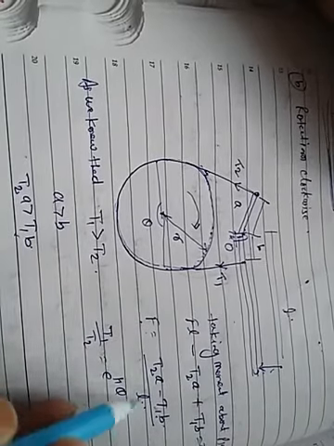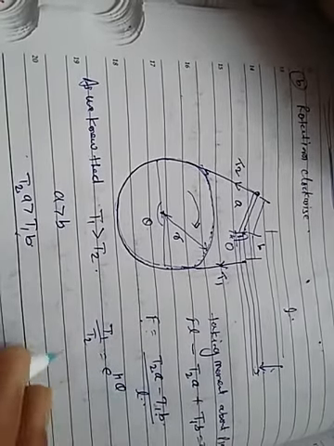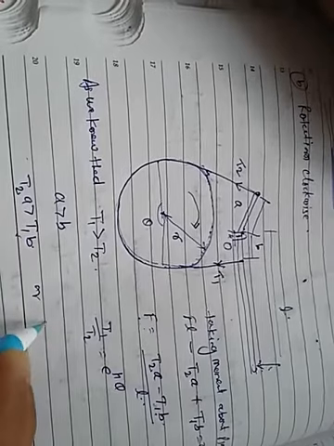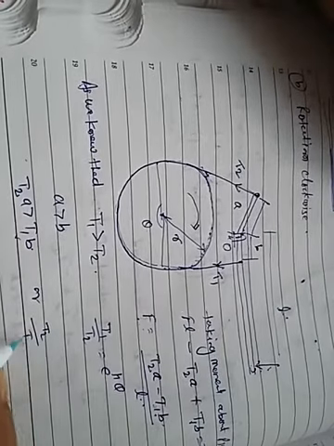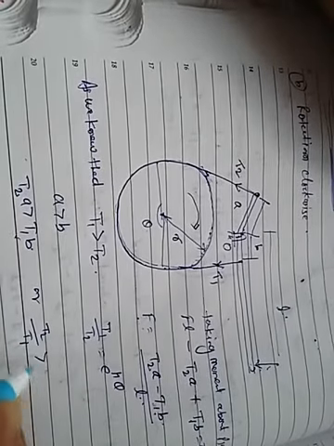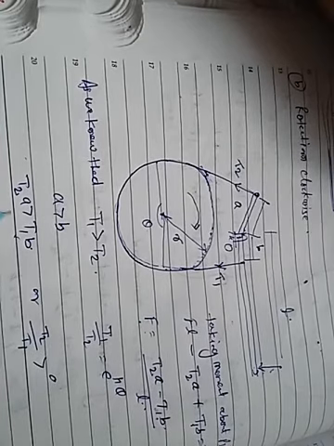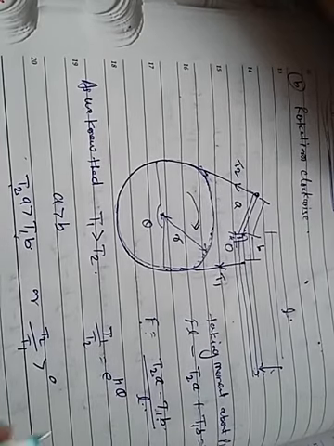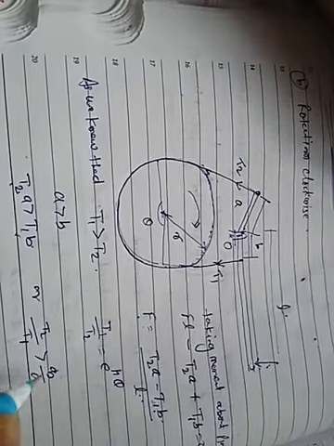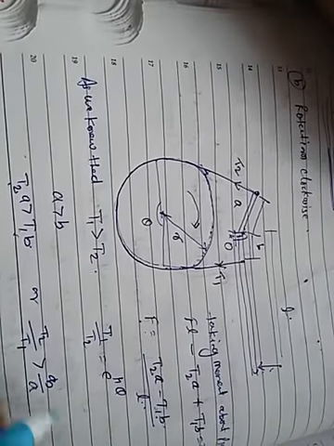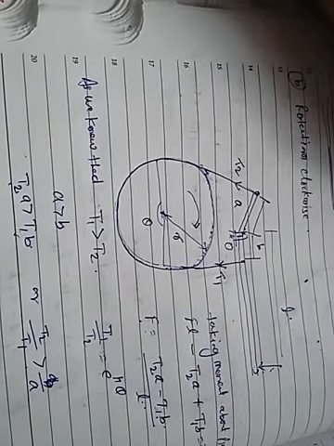Okay, this equation has been taken from these equations. So now we can write T2 by T1 obviously greater than B by A. Okay, so we have just changed these equations.